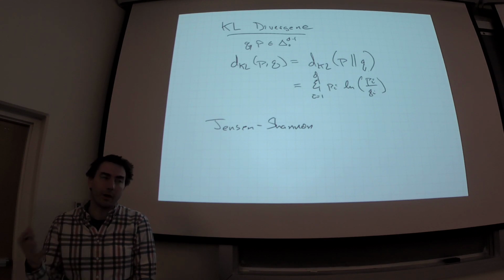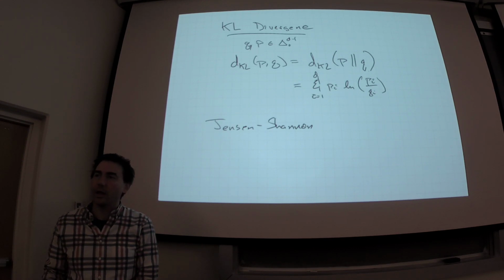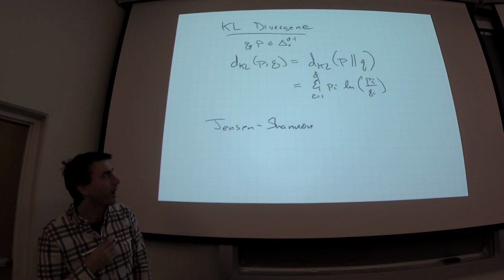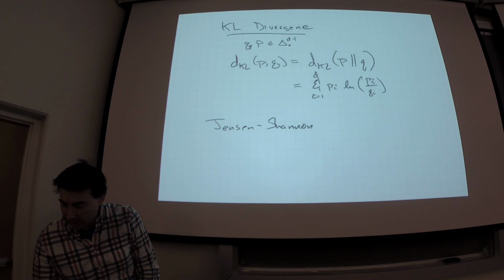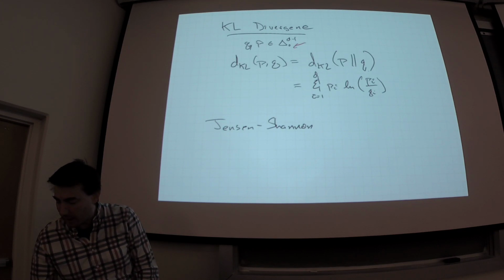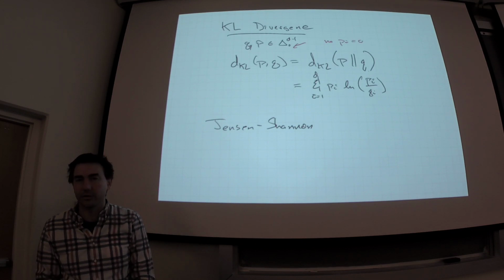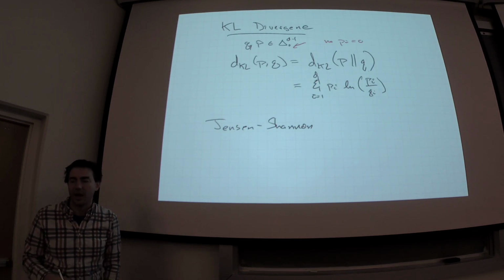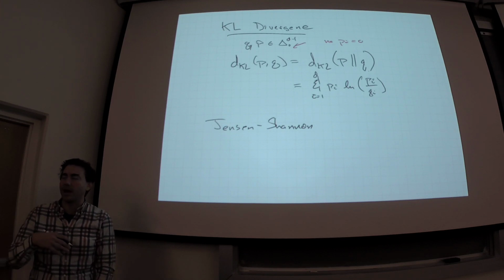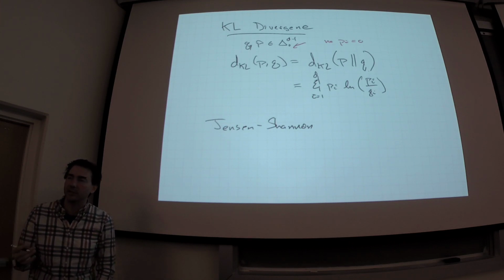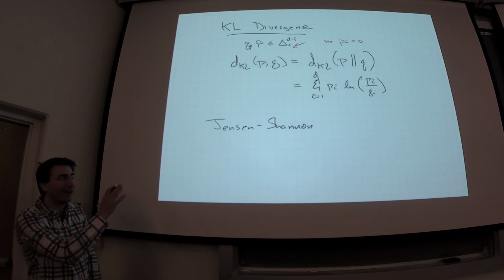There are other ones which are actually metrics. Notice there are some strange things that, for instance, I need here, which implies that no p_i is exactly equal to 0. So if I'm using this on my bag of words representation and I didn't see a word, I can't quite apply this.